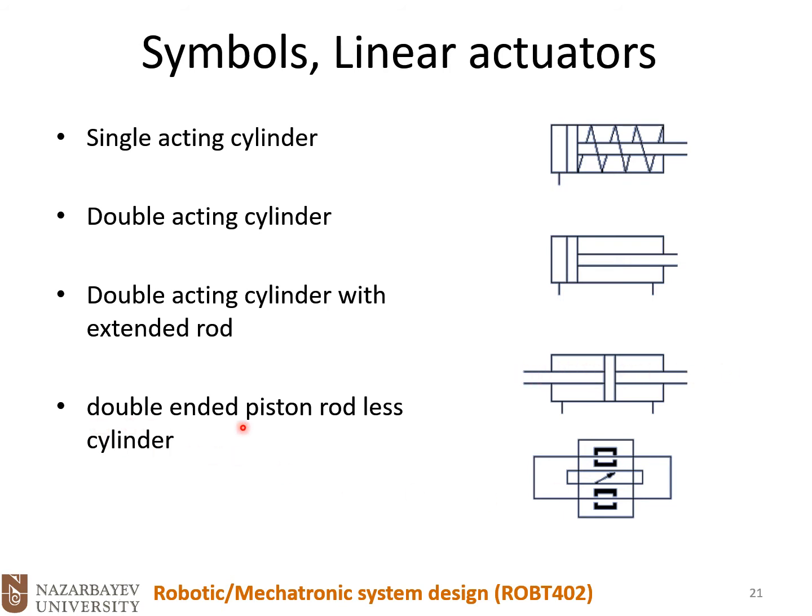And we have a double-ended piston rodless cylinder. So we don't have a rod here, we don't have any rod attached. And you see the magnetic coupling between the carriage and the piston.